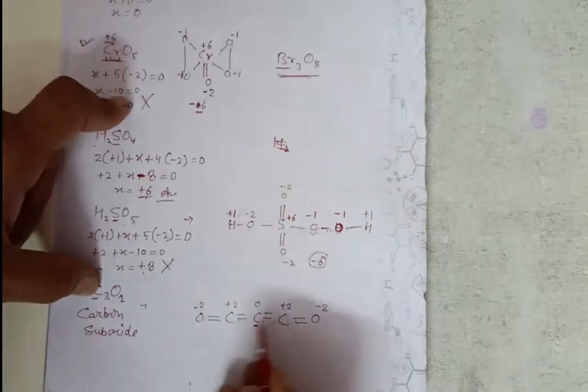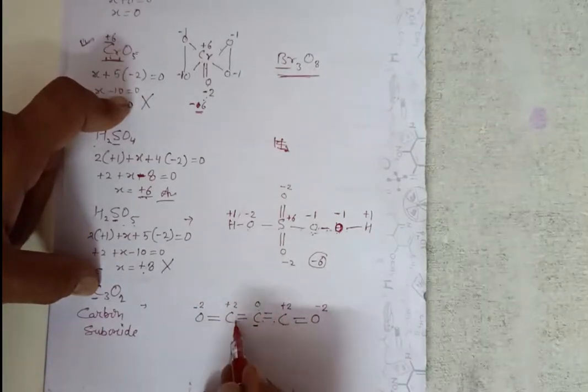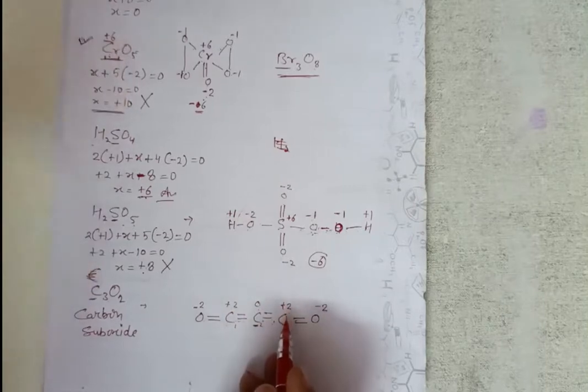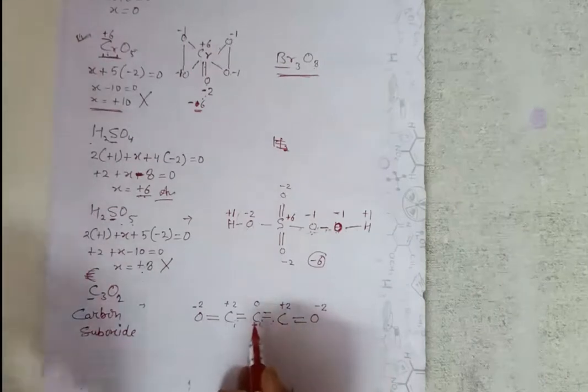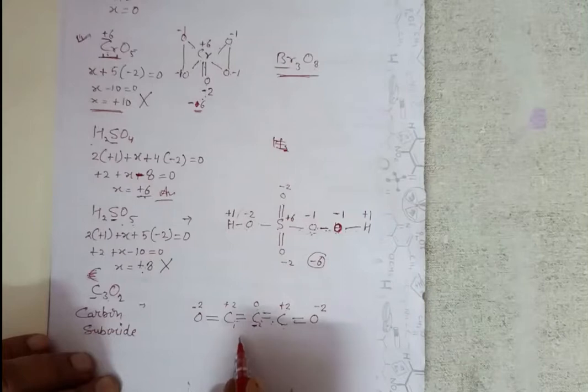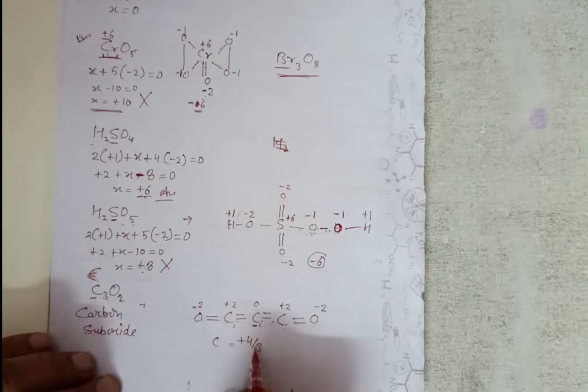Is it clear? So the oxidation numbers of these 3 carbons: carbon number 1 is +2, carbon number 2 is 0, and carbon number 3 is +2. What about the average oxidation number? The 3 carbons have a total of +4 charge, so the average oxidation number of carbon is +4 divided by 3, meaning the total plus charge is divided over 3 carbons.